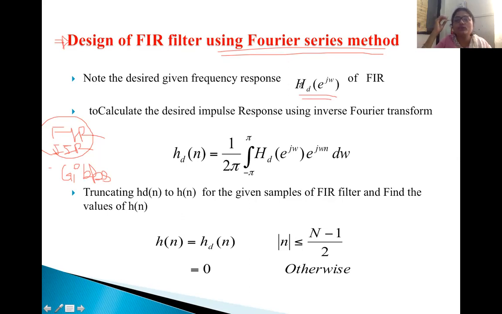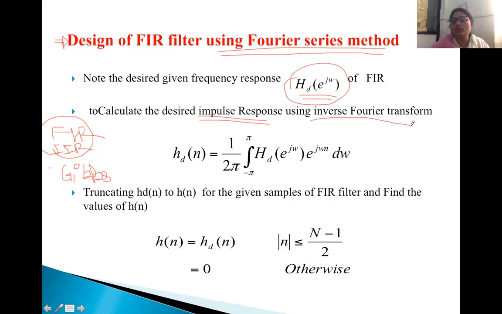Now what we have to do? This is in the frequency domain, so we will have to find the impulse response in the time domain by applying the inverse Fourier transform, because as you know the impulse response is infinite.